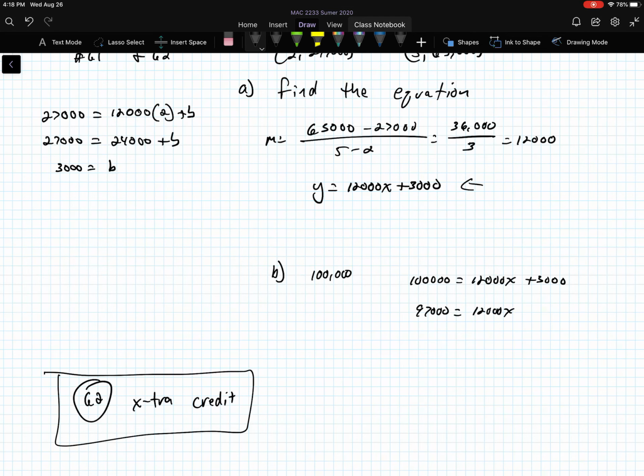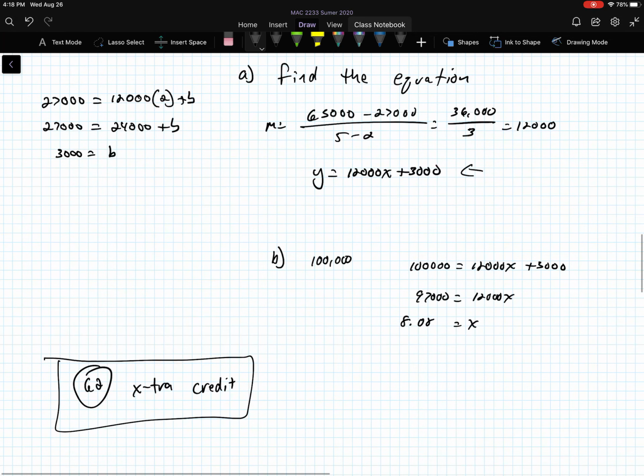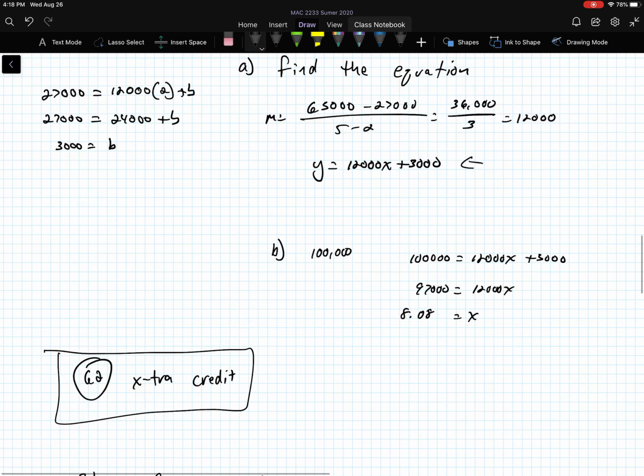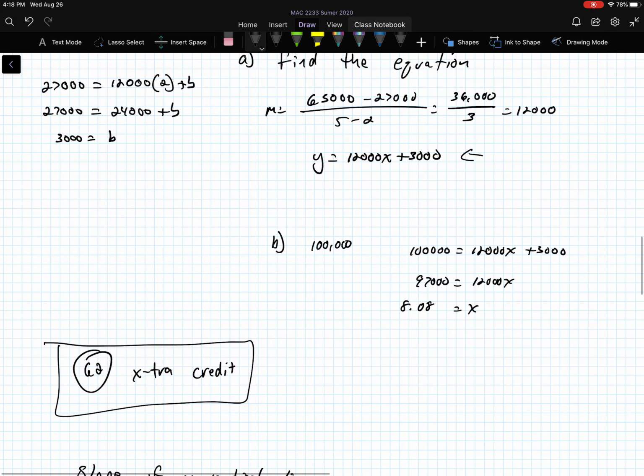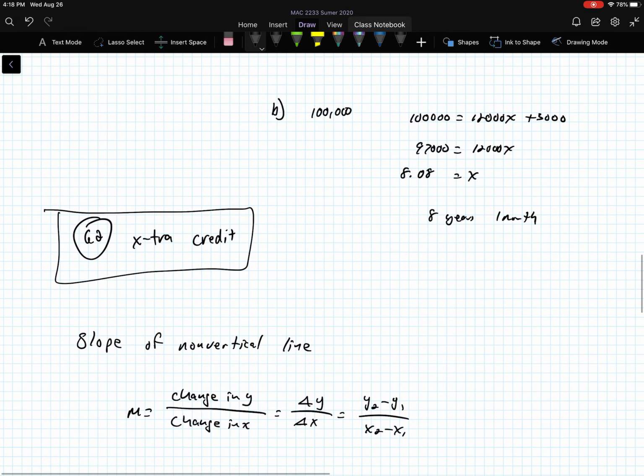So if I divide 97,000 by 12,000, I'm going to go ahead and truncate this. So it's 8.08 years. So then if I do 0.08 times 12, I get about 8 years and 1 month before it surpasses 100,000.